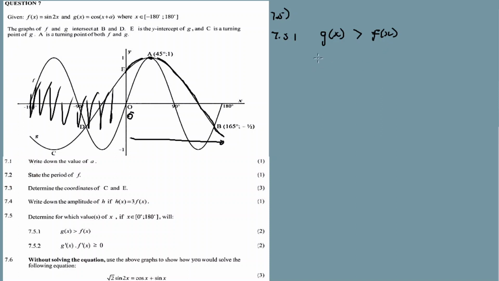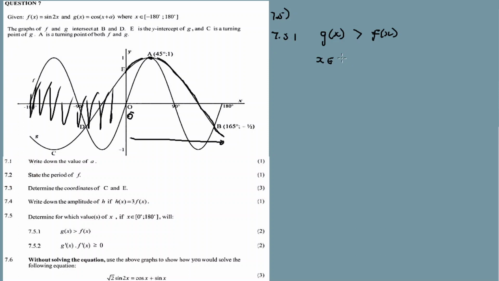So we will say x is an element of an open bracket, we exclude the 0 because here the function is, maybe I think we include this one. Yes, include, because at 0 degrees it is still above.